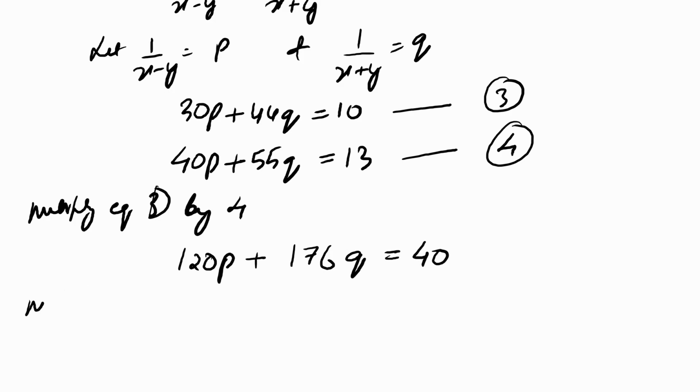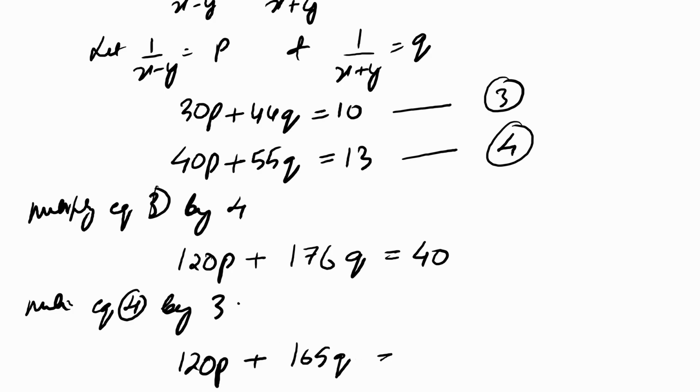And if you multiply equation 4 by 3, what will it become? 120p plus 165q is equal to 39.